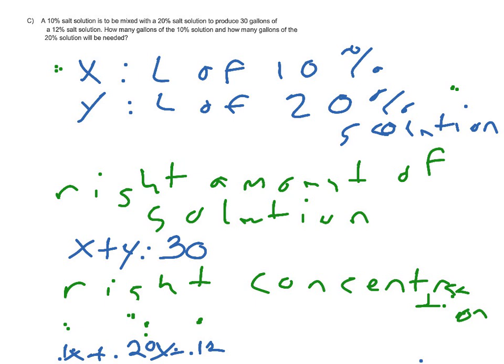So one thing you could do is just put 3.6 right here, or you could do 0.12 times 30 right there. So those are your two equations: x plus y is equal to 30, and 0.1x plus 0.2y is equal to 0.12 times 30.